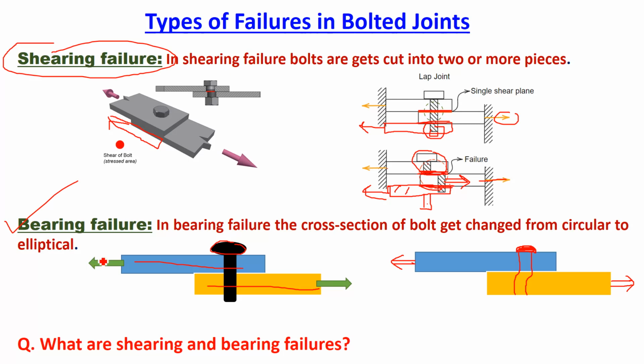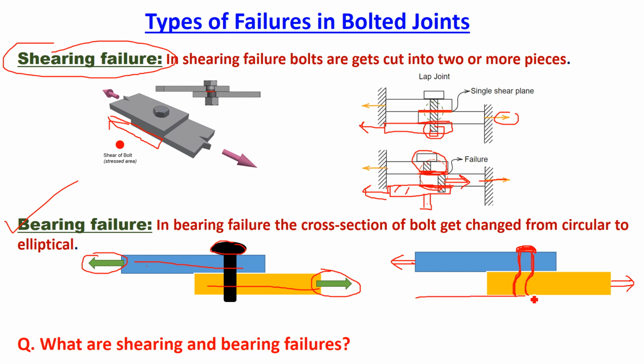Now if you apply this force towards left on top plate and right towards bottom plate, then if you pull this top plate and bottom plate with these forces, this bolt will move, warp like this. It will not break into two pieces, but it will change its shape like this. This is called as bearing, right? So it means bolt cross section has changed from circular to elliptical.